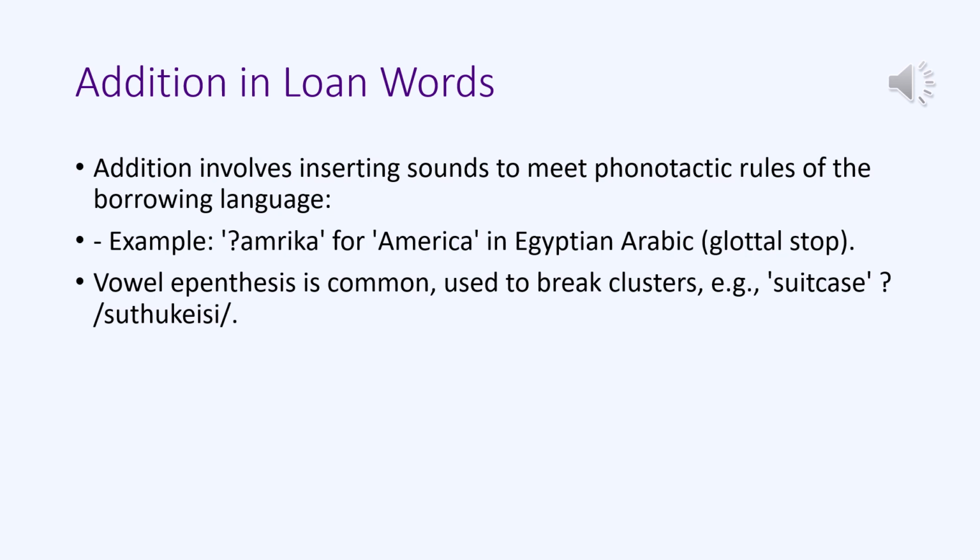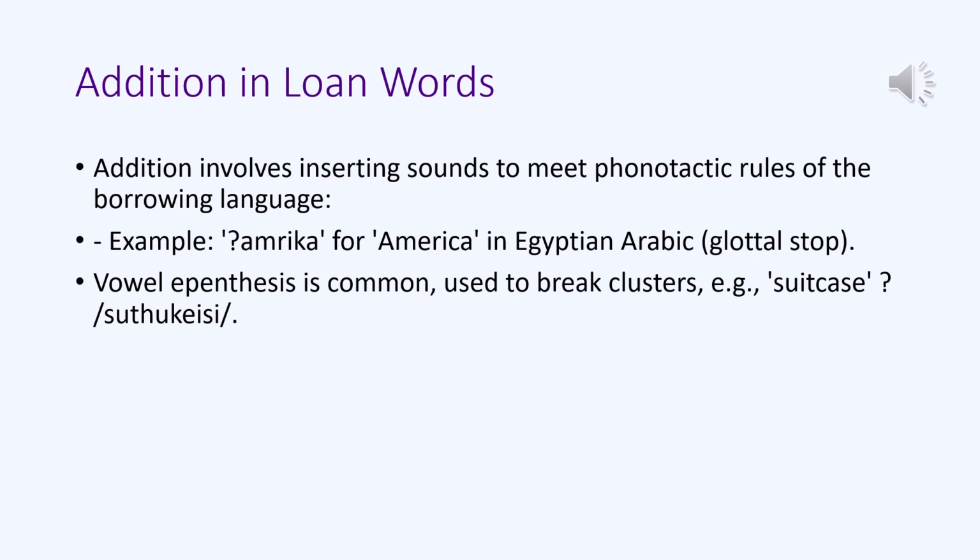Another frequent form of addition is vowel epenthesis, which occurs when extra vowels are inserted to break up consonant clusters, which would be difficult to pronounce in the borrowing language.